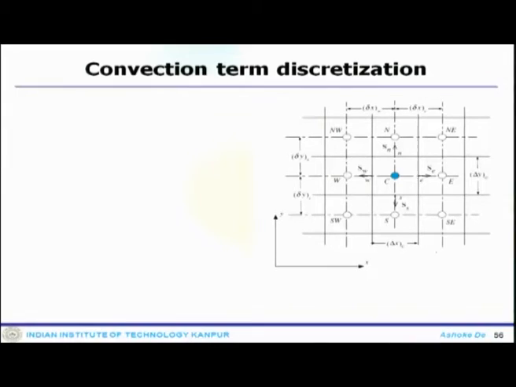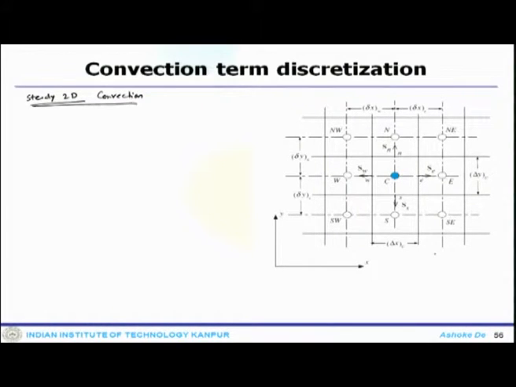Now we will move ahead and look at the two dimensional steady convection system. In our discussion so far, for all the schemes, we have taken the convection diffusion equation.